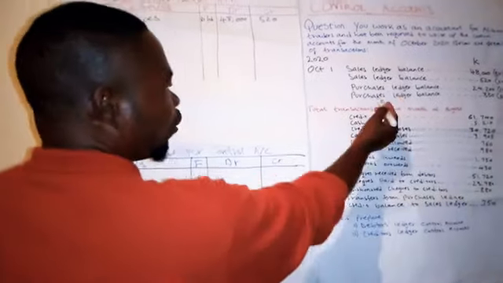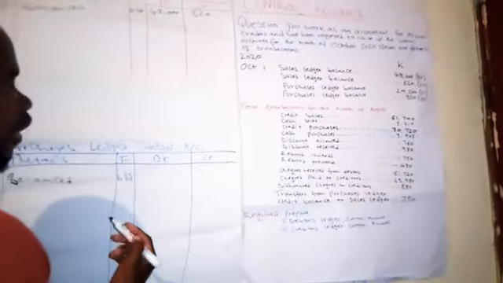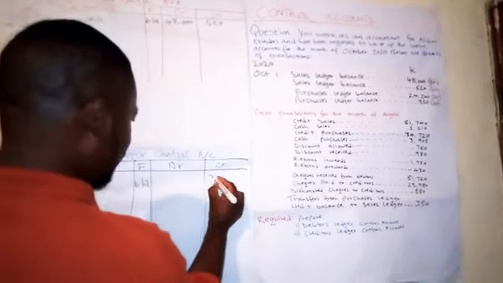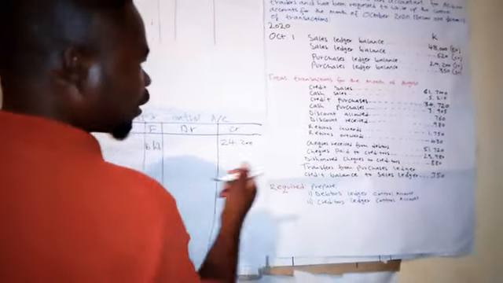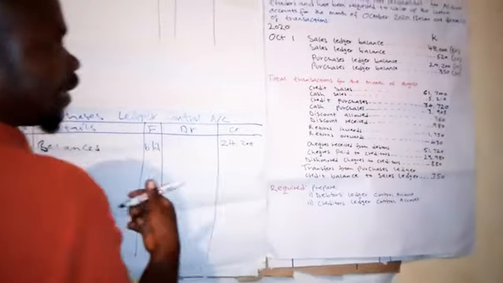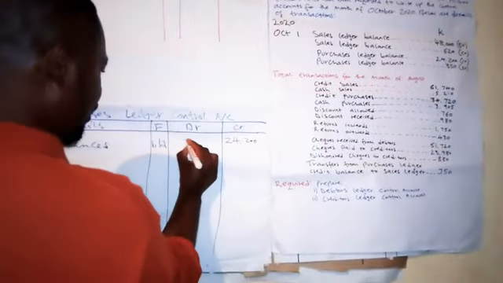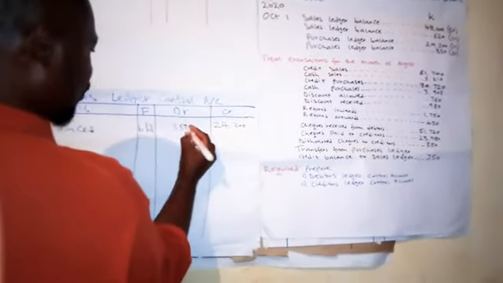So we have been given the credit balance there, 24,200. So you record on the credit side 24,200. Then the debit balance is 350. So in the same line you record 350. Okay, let's go to the totals for the month.